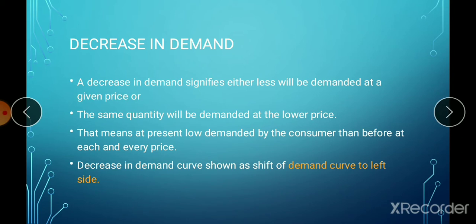A decrease in demand means that less is now demanded than before at each and every price level. A decrease in demand is shown as a shift of the demand curve to the left-hand side.